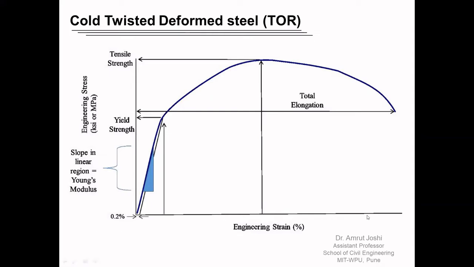On the strain axis, if you consider the strain value of 0.2%, that is 0.002, and draw a line parallel to the initial tangent to the stress strain curve, wherever this line intersects the stress strain curve, that stress we are going to call the yield stress or 0.2% proof stress.